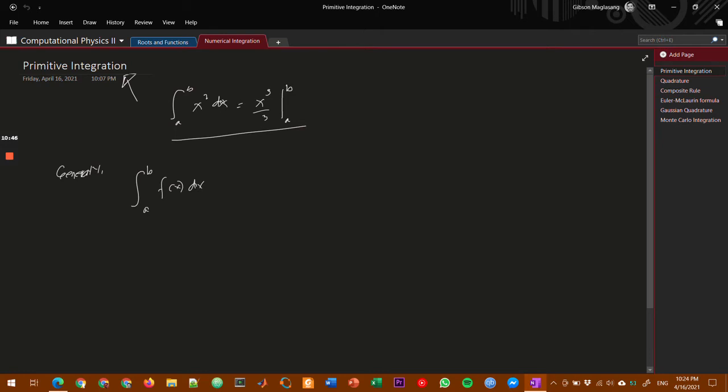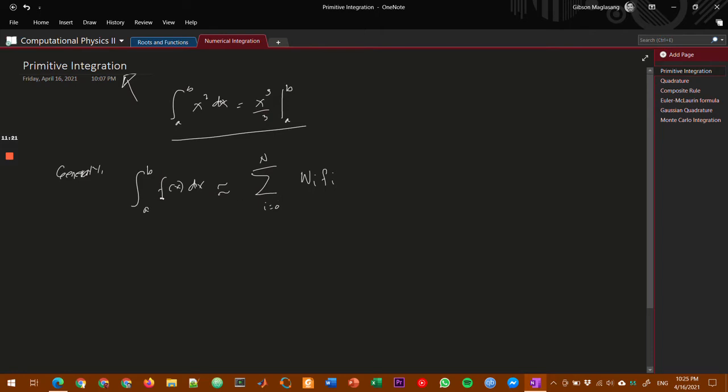So what we are actually looking to determine the result of this integral is by using a formula, a primitive form. The integral is a summation, right? Where i runs from 0 to n. This is an approximation of our integral.